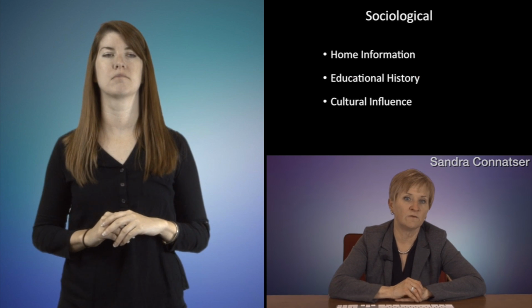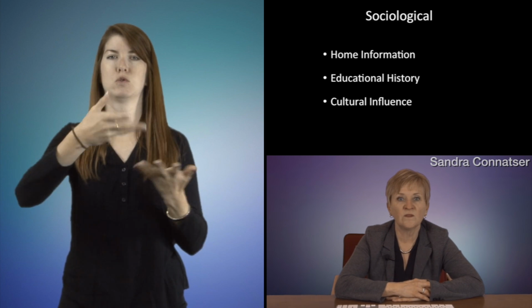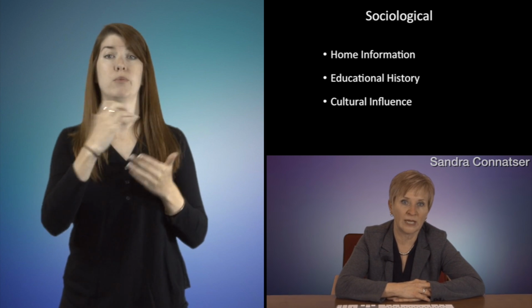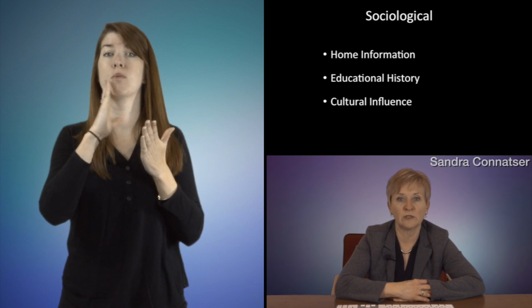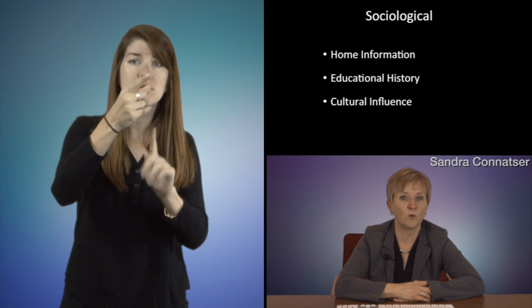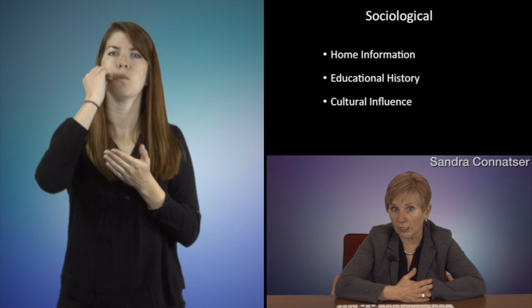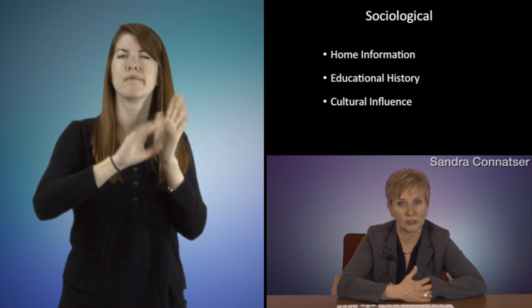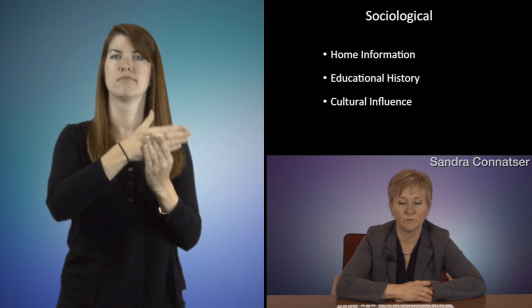The next area for our full and individual evaluation is sociological. This is where we look at home information. Often parents are given an interview form or interviewed by the evaluator so that home information about the student's life at home and family situation can be included in the FIE.